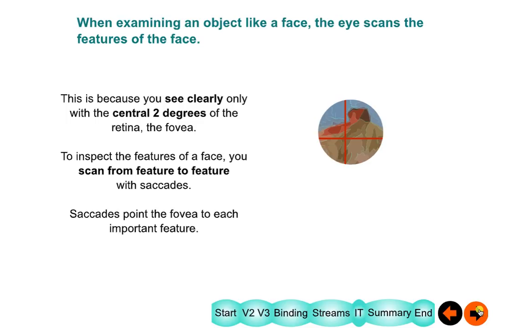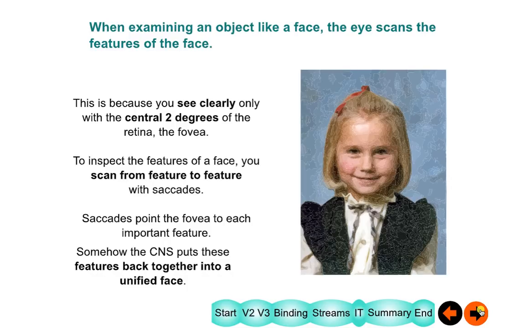And so what the brain is seeing is just little snapshots of different parts of the face. And yet by these different snapshots, you can put together the whole face. This is my daughter many, many, many years ago. I'd say about 39 years ago.